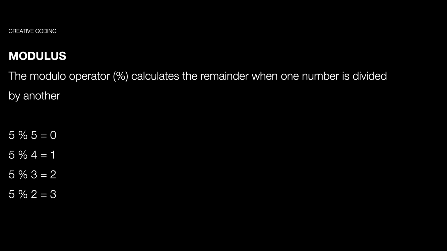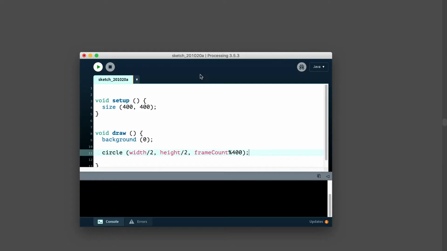So using this relationship, you're seeing that as the number increases, we can use this to drive form making. Here's an example. This is some code I've already written. I have a sketch, the size is 400, a black background, and I'm drawing a circle onto it in the center of the sketch.